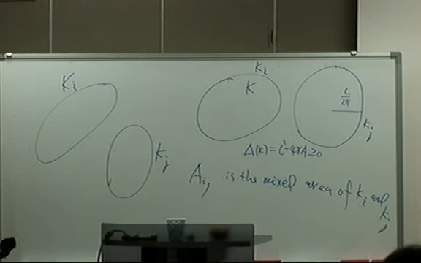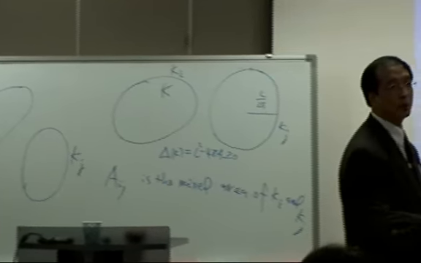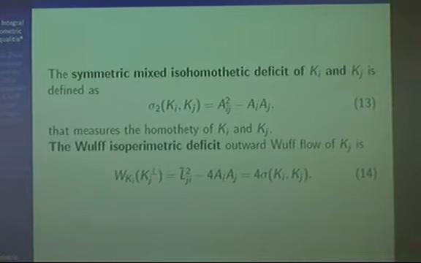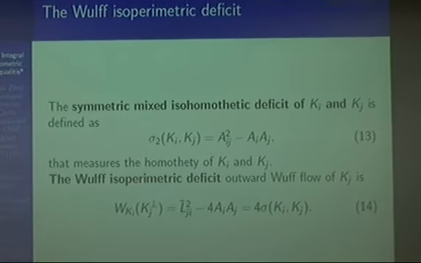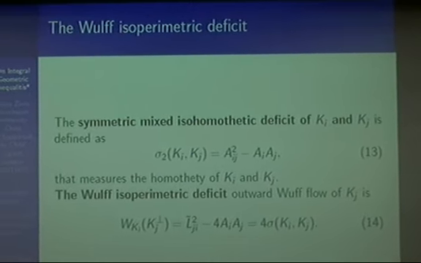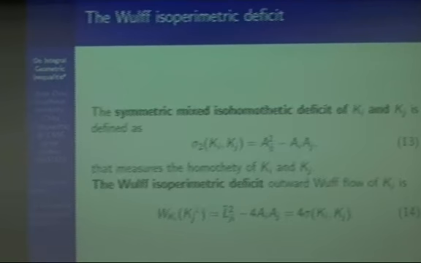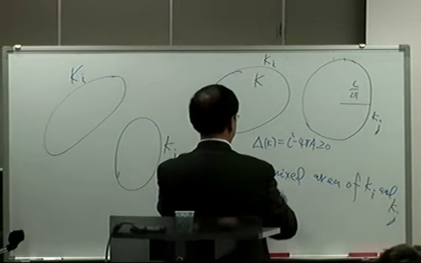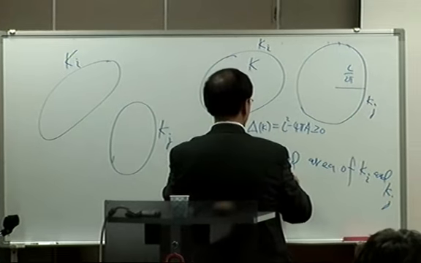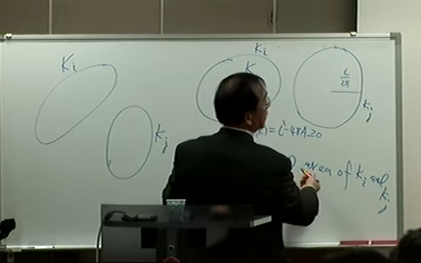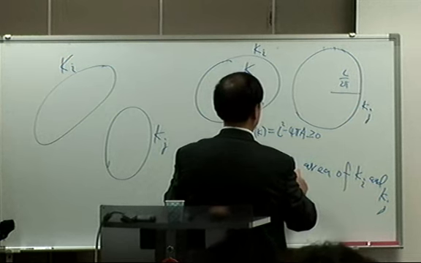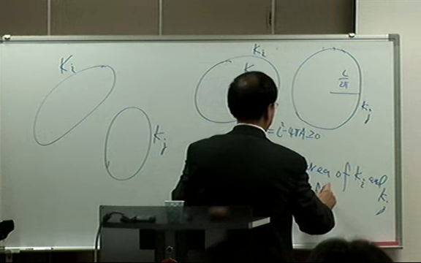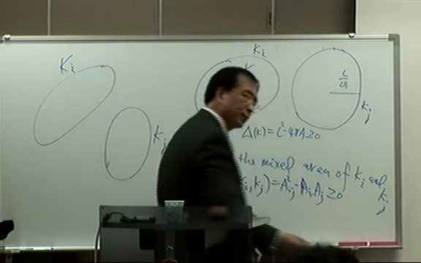So therefore, we will have this, because this is positive. This is the Minkowski inequality. This equals 0. So we call this one sigma 2, that means dimension 2, of Ki, Kj. This equals Aij squared minus Aii Ajj, which is positive.